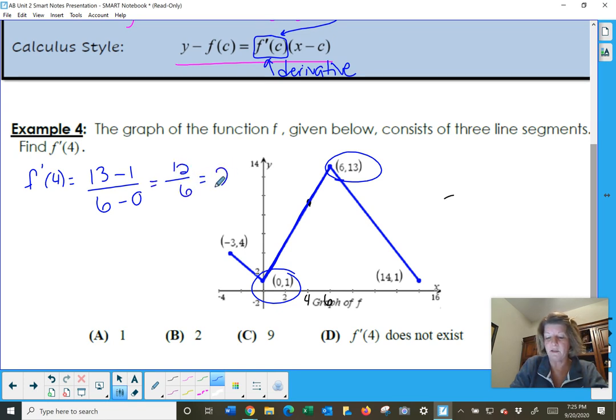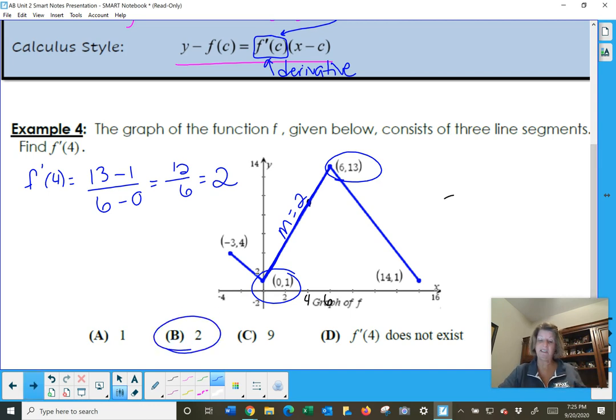Would you believe it has a slope of 2? At least it's positive. So all along here, we have this slope of 2, and that means that f prime of 4 has a derivative that's equal to 2 as well. Nice, easy problem.